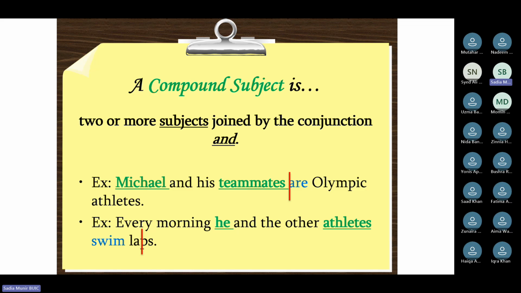Every morning he and the other athletes swim laps. Okay, he and athletes. They are from the same category. And the entire phrase, every morning he and the other athletes, would be the complete compound subject, and the simple subjects would be he and athletes. Okay, now look at this.